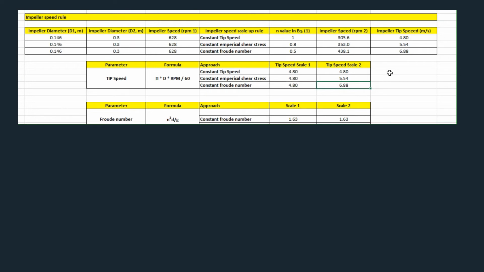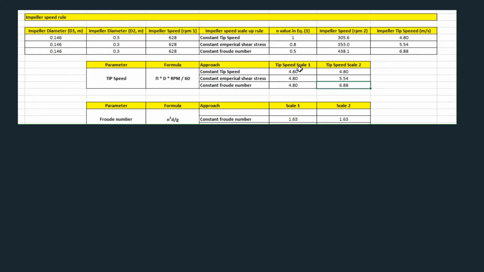As we discussed in previous slides also, if you have geometrical similarity, go with the constant tip speed rule so as to maintain the same particle velocity, and you have to increase your kneading time so that you can achieve the same shear stress also. How to increase it, we will discuss. But if your equipment is not geometrically similar, then you can go with the Froude number rule.